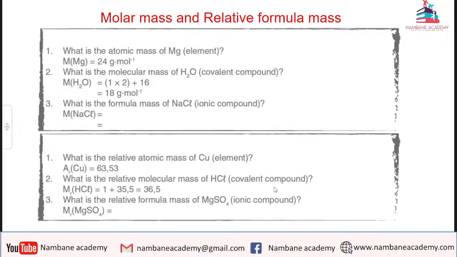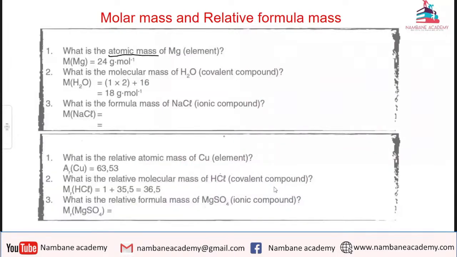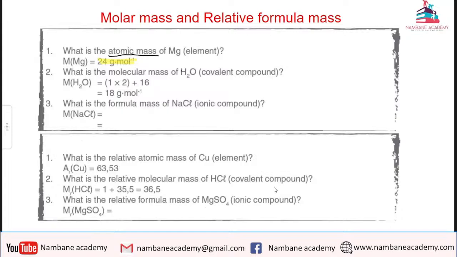The very first one says, what is the atomic mass of Mg as an element? Very easy. We just go to the periodic table and we get that it is 24 grams per mole. What is the molecular mass of H2O? Also very, very easy. This is grade 10 work. You should not be worried about it, but we are now emphasizing the basic principles.